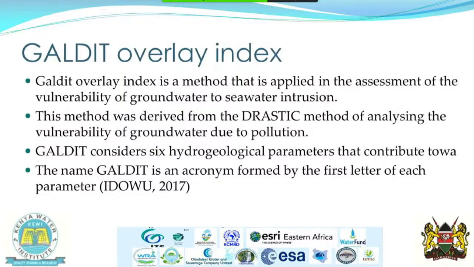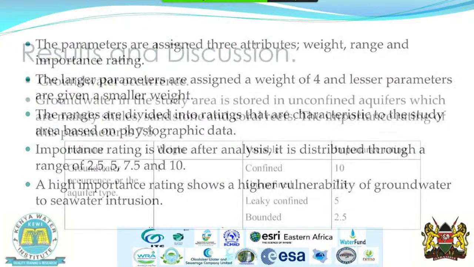So I used the GALDIT overlay index. The GALDIT overlay index, just like the DRASTIC overlay index, which is used for assessing vulnerability to pollution, uses 6 parameters.